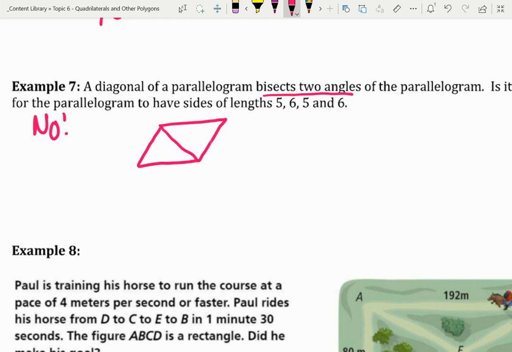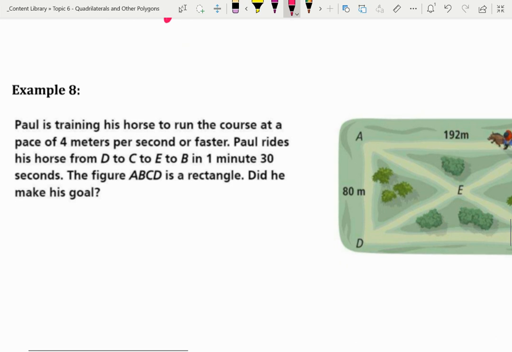Bisects 2 angles of its parallelogram. That's actually a yes. That's what happens when you read this too quickly. This can be 6 and this can be 5.